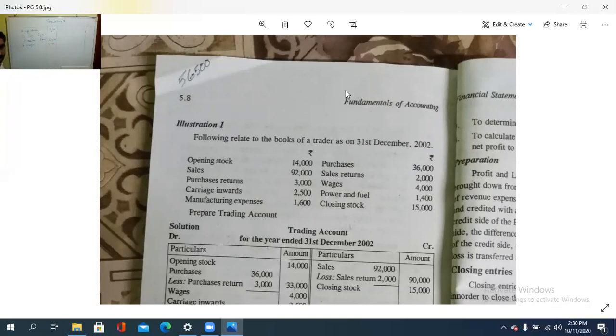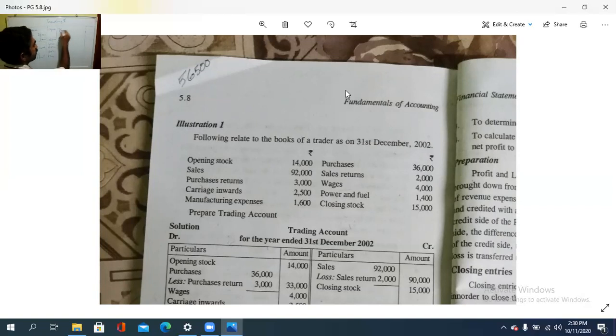Then to carriage inwards, 2,500. To manufacturing expenses, 1,600. Then power and fuel, 1,400.